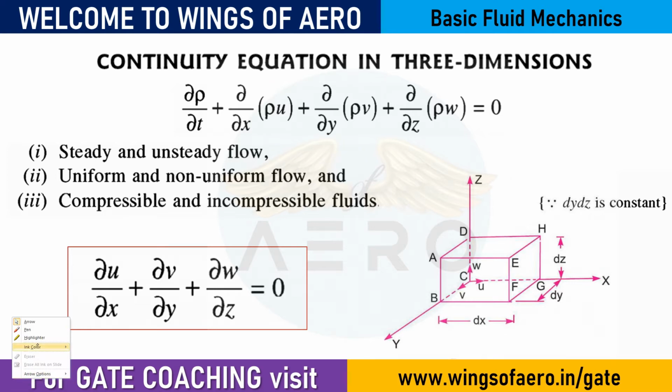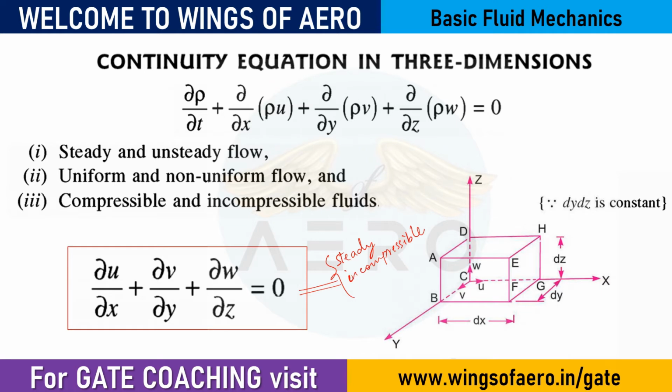That is, we get dou u by dou x plus dou v by dou y plus dou w by dou z equals 0. Now this is only when the flow is steady and incompressible. This equation is satisfied only when the flow is steady and incompressible.